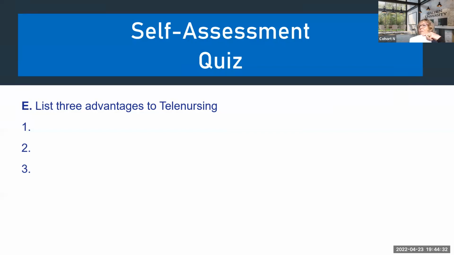So we have another question from one of our participants, and it asked if there is any specific education or certificate that nurses need or enroll in to become an actual telenurse.